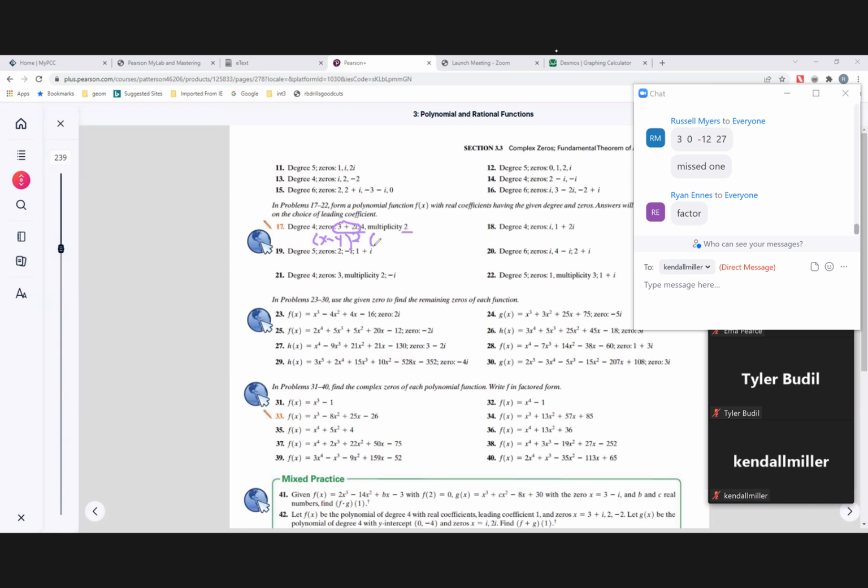All right. So then what are my other ones? Well, let me get this eraser because I don't want that there. There we go. So now I've got to use this 3 plus 2i. So I'm going to go over here and go x minus, and put it in parentheses, 3 plus 2i.